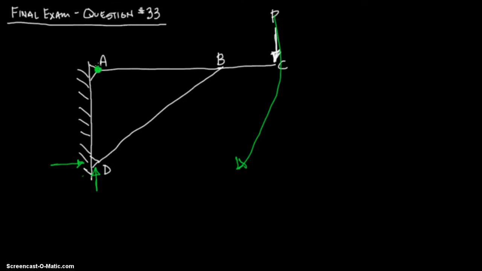Now let's take a look at this. Let's do the same thing. Now let's hold a pin right here, and let's let this be free. What would happen if you push down here? Well, in my mind, if you did that, it would come down like this.